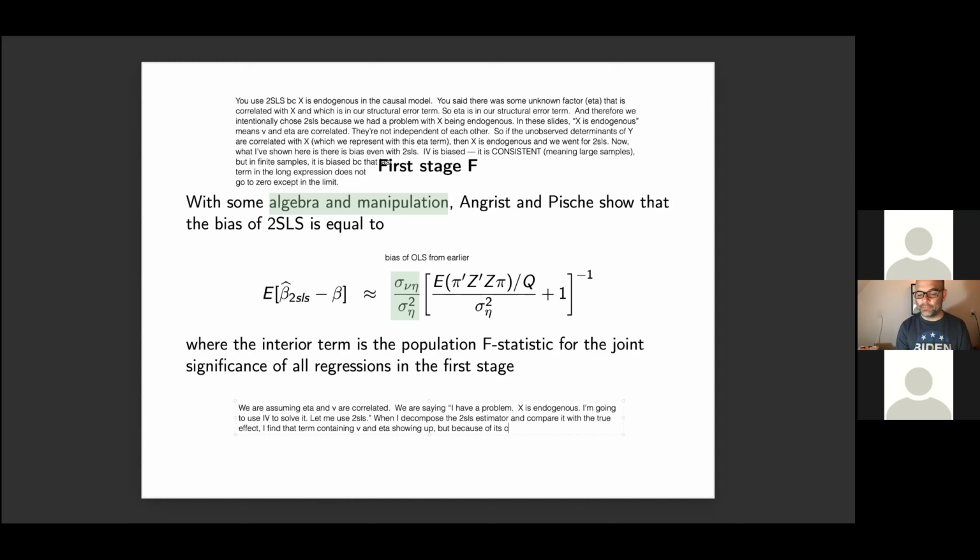But because of its complexity, it doesn't go to zero in its expectation. It's being blocked by that PZ term.